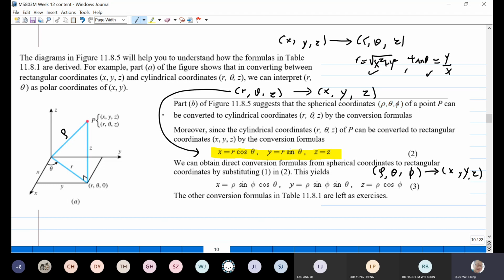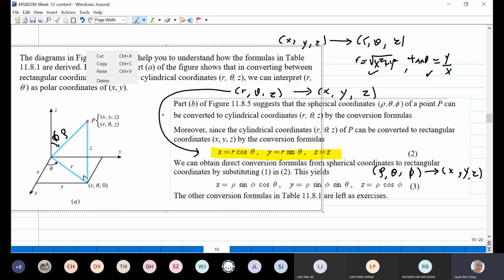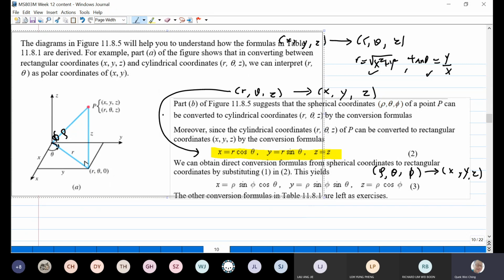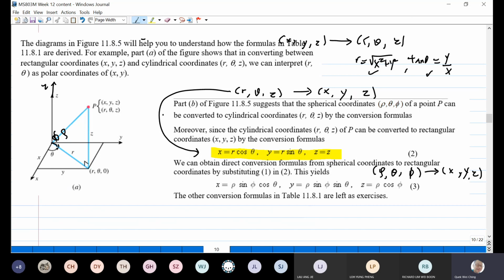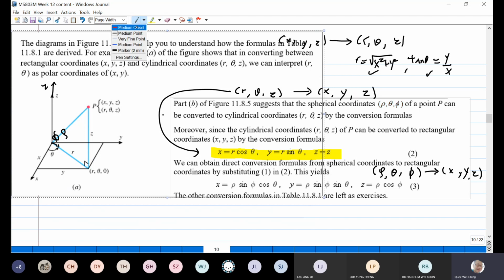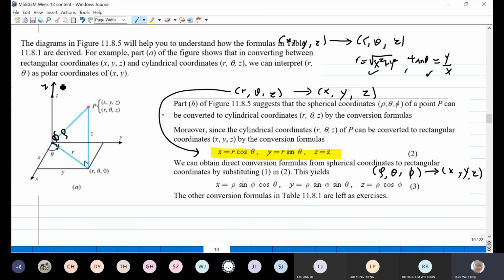So how do you find x now? If this angle is phi, then this distance, if we join from the z-axis at 90 degrees, let me draw it here.